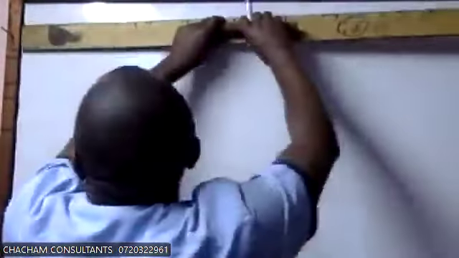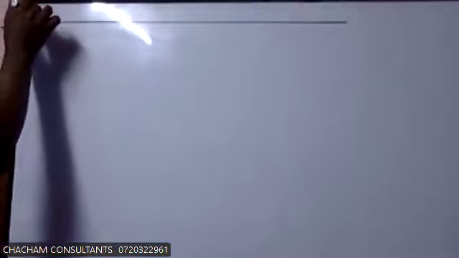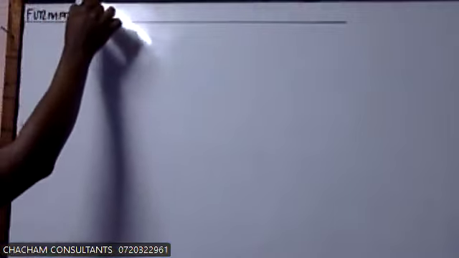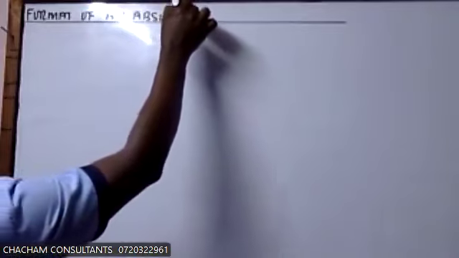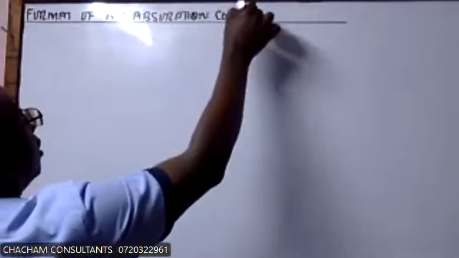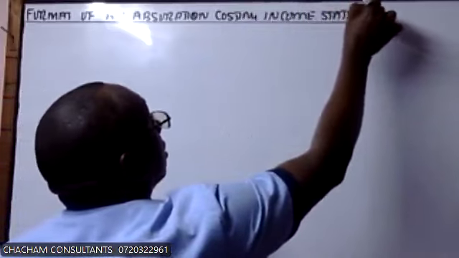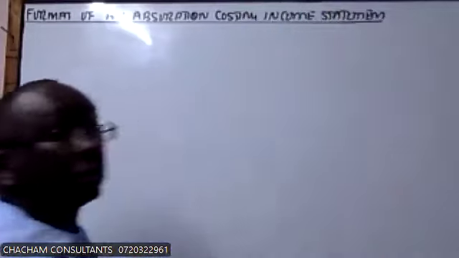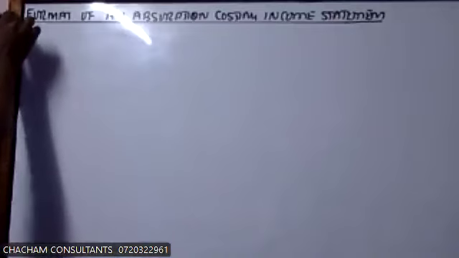The general format is as follows. The format of an absorption costing income statement. We always begin with sales.